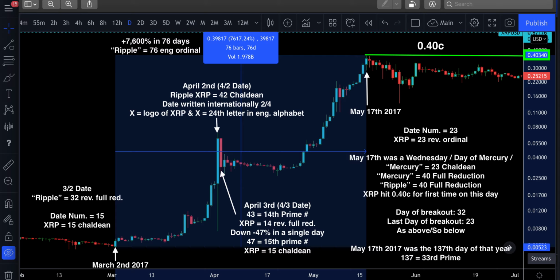So when I measured off the lows here around the March 1st date, moving up to the high in the structure, I'm getting 76 days off of March 2nd, 7,600%. So XRP from the breakout date to the end of the movement went up 7,600% in 76 days.